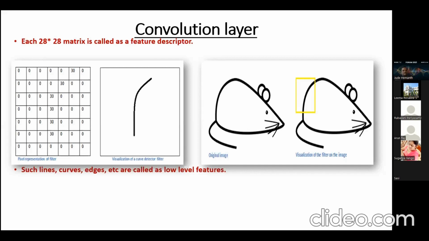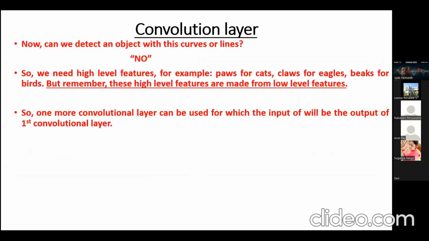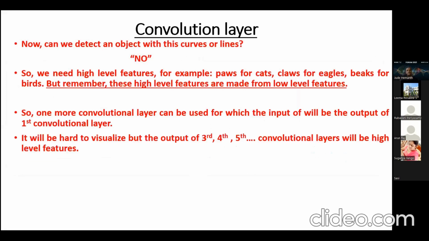These are called low-level features, which are not sufficient for taking a decision. How can we solve it? By going for more number of layers. Increase the number of layers, 2, 3, 4, 5. Some of the recent machine learning methodologies have 100 or 1,000 convolution layers too. They are extremely complex, but they give good results.